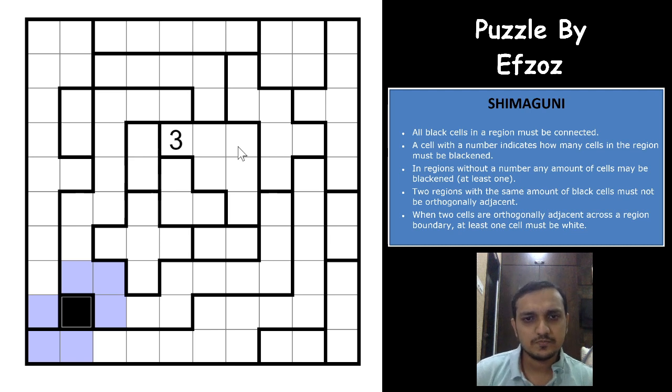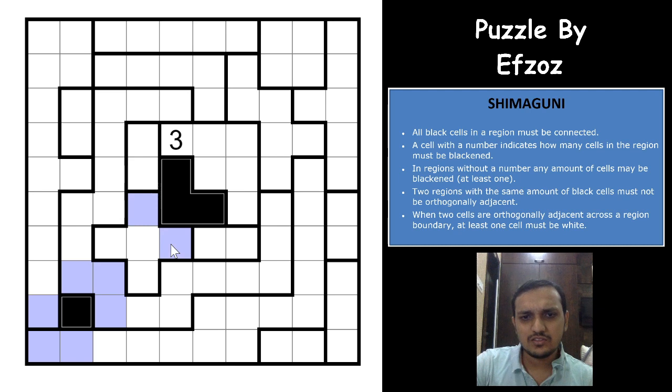Oh, excellent. Can it have 3 cells shaded here? So this region cannot have 3 cells shaded, right? Of course you have a 3 clue in this region which is near to it, right? So it will either have 2 cells shaded or 1 cell shaded.